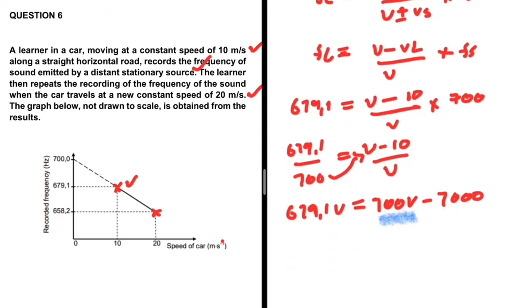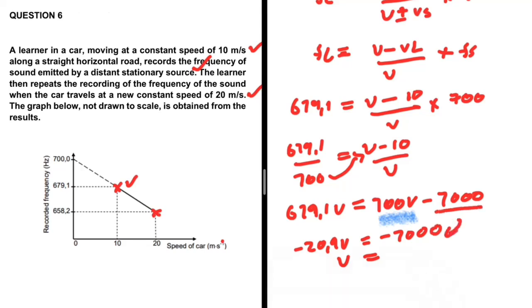So I just need to put that in my calculator. 679.1 minus 700, that is minus 20.9. So minus 20.9 V is equals to minus 700. So V is equals to minus 700 divided by answer will give me, hey, I was getting surprised. This is minus 7,000. Here it is.